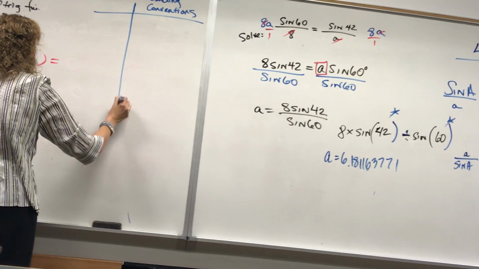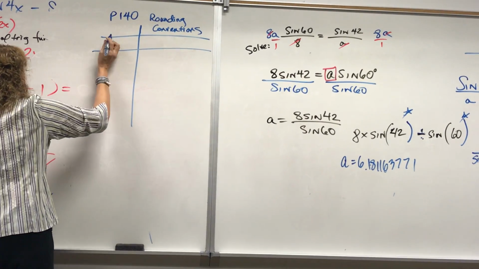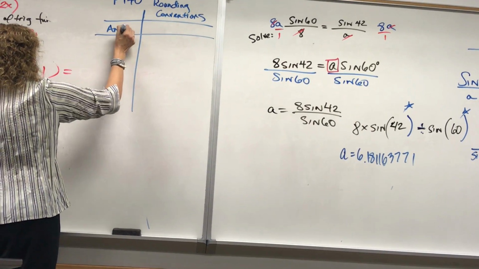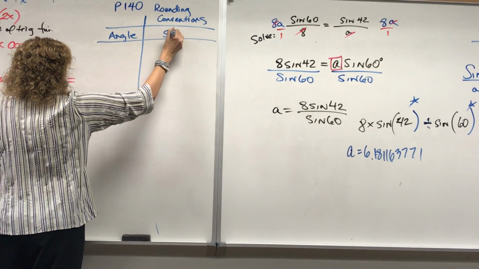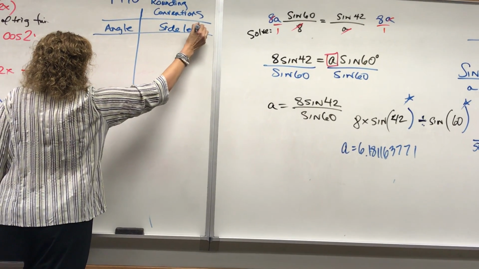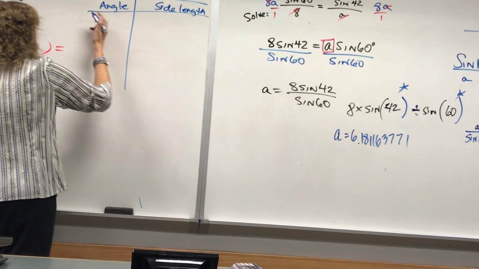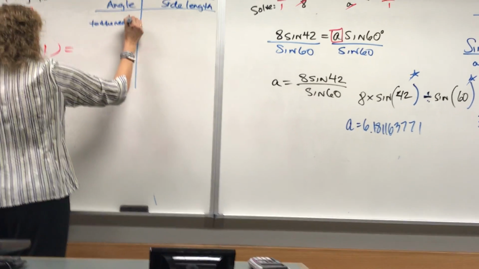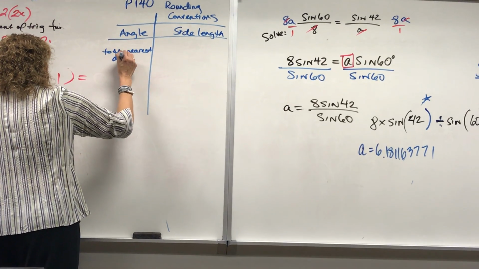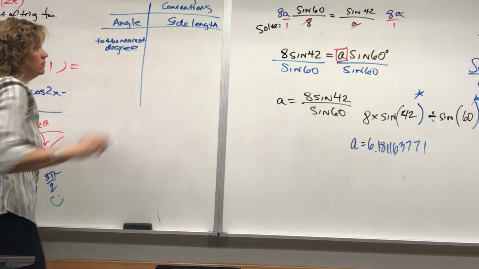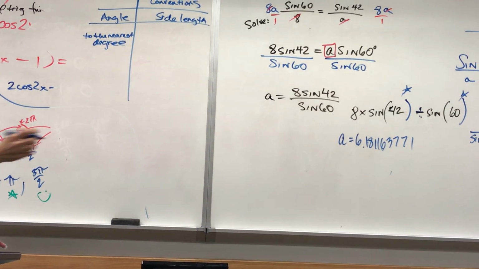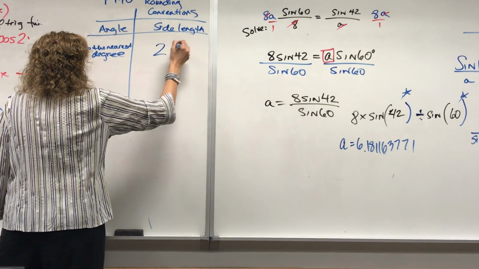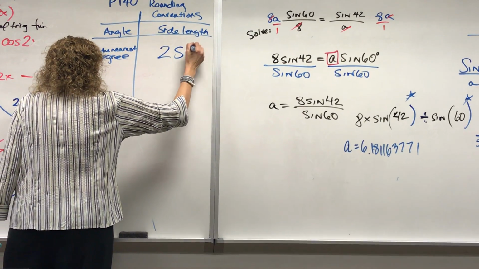If you have your angle versus your side length, if your angle is to the nearest degree, which is what we've got, we've got 60, we've got 42, our side lengths are going to be 2 significant digits.